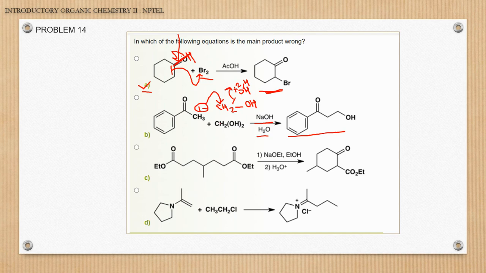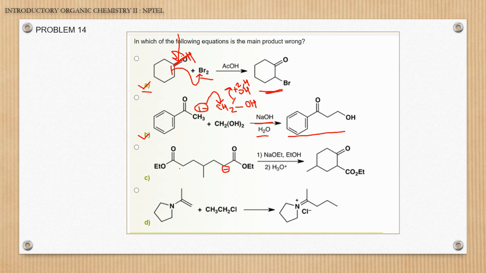Right. Yeah. So now seeing this problem, number C. Here they have treated the symmetrical molecule with sodium methoxide in ethanol. Now you can tell me, is it right or not? Right. Yeah, because here also a carbanion is getting generated, because it's a symmetrical species.